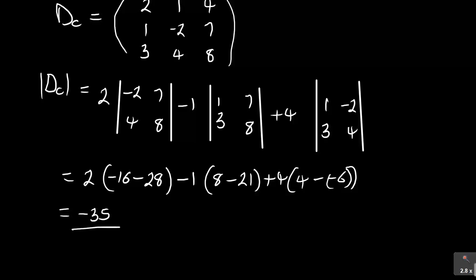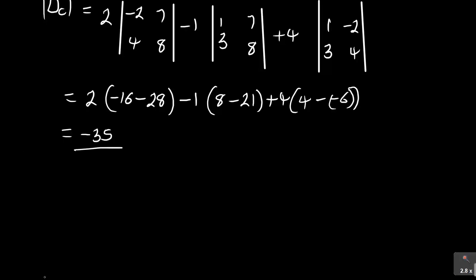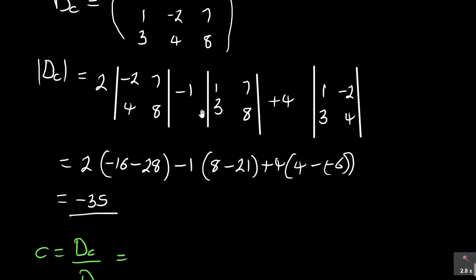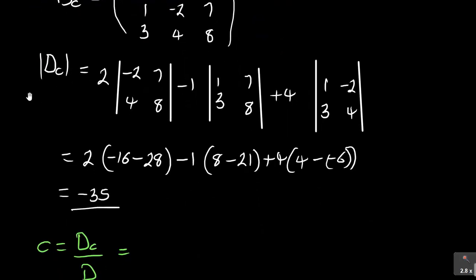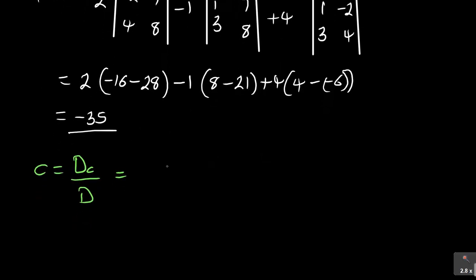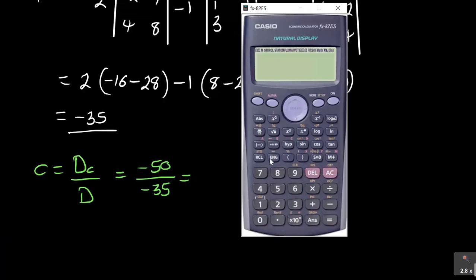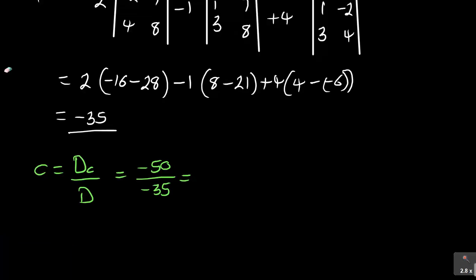So now when you've got that, you come back to Cramer's rule, which says to find C, C is equal to D of C over D. Now you know what our D is. We evaluated our D to say it was minus 50. So it then becomes minus 50 over minus 35, actually it's the other way around.